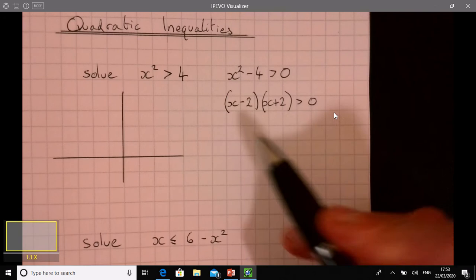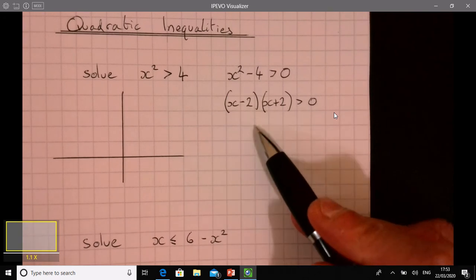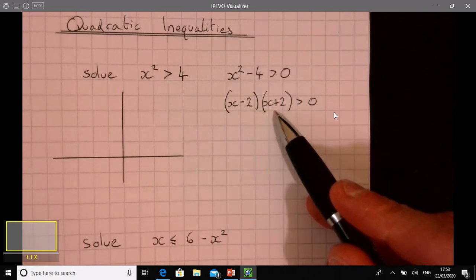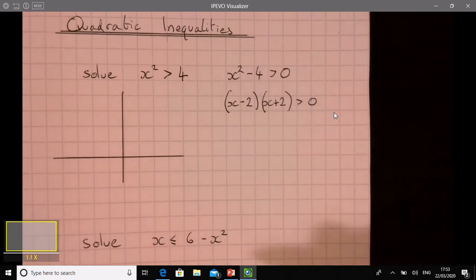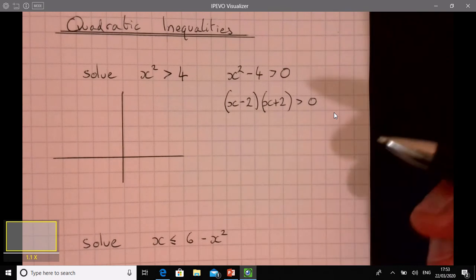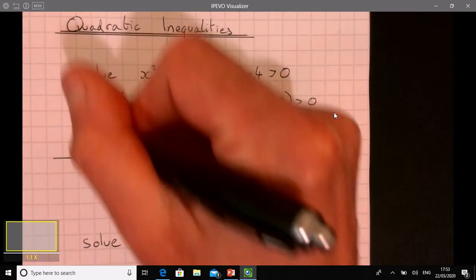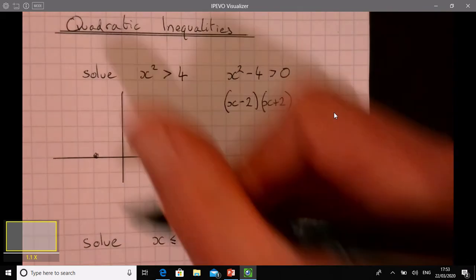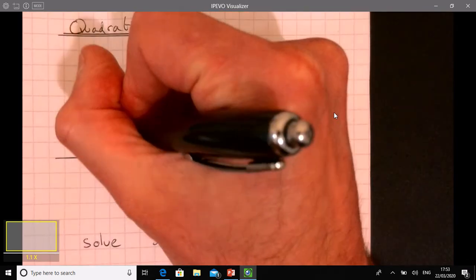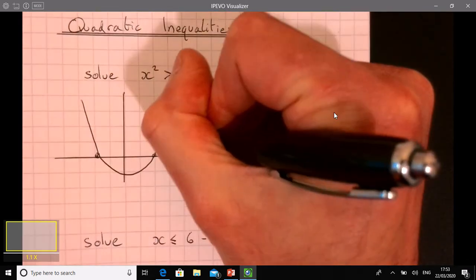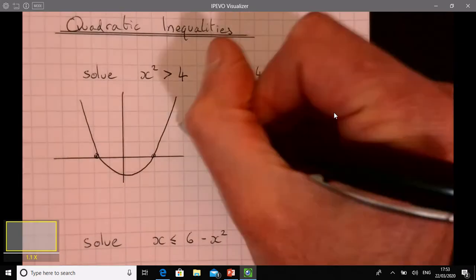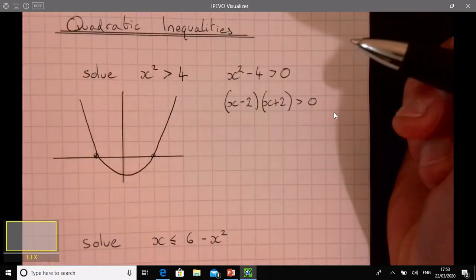Well, we know it goes through 2. We know it goes through minus 2. It's a happy quadratic. So let's pop those points on: minus 2, 2. We know it's a happy quadratic, so let's have a quick sketch. Here we go. And there we go, that's x squared minus 4.